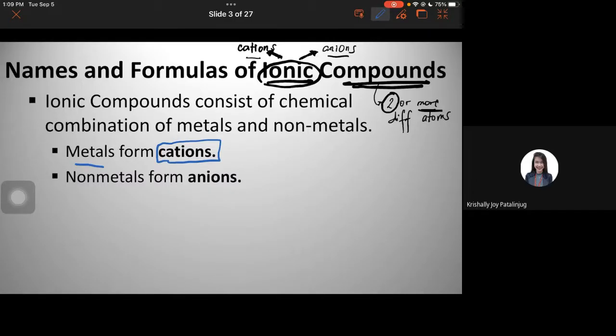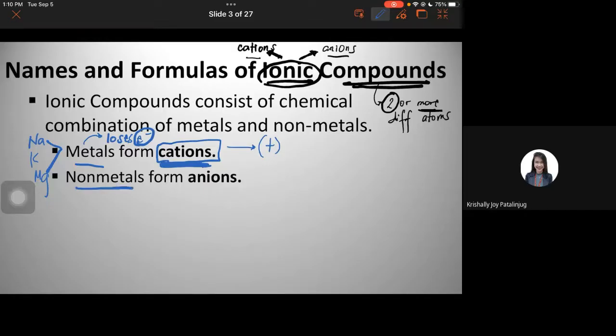Metals, for example sodium, potassium, and magnesium, are found on the leftmost part of the periodic table. During chemical reactions, they tend to lose electrons, so they carry a positive charge. Reducing the negatively charged particles makes their atoms carry positive charges. That's why they form cations.